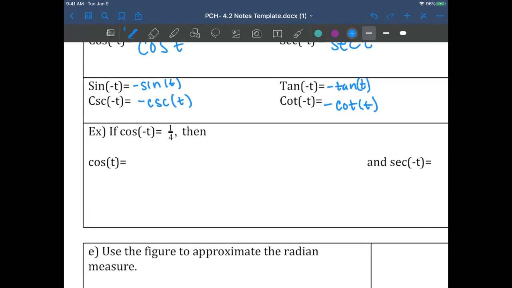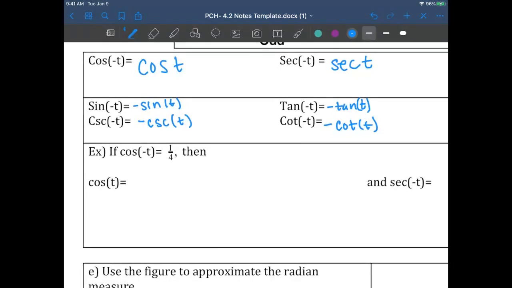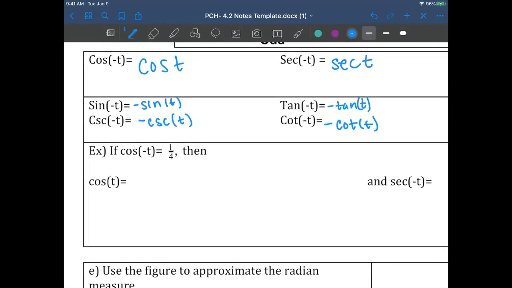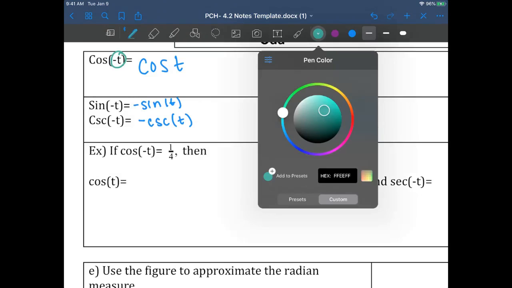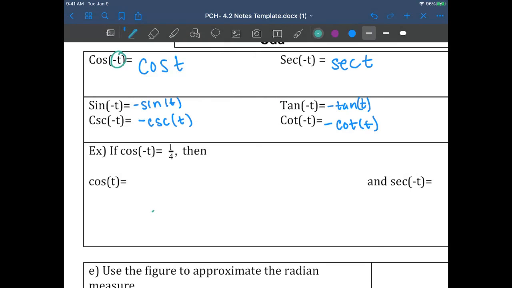So using our rules, if cosine of negative t is equal to 1/4, then cosine of t, let's see, when my input is negative, I know that the cosine of negative t is equal to the cosine of t. The cosine of negative t is 1/4, so cosine of t must be equal to 1/4 as well.